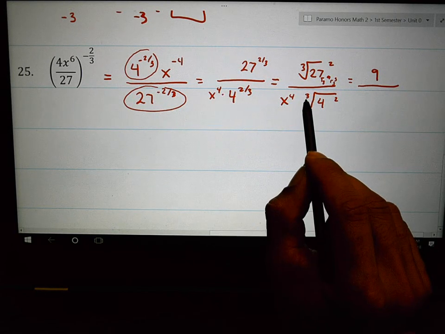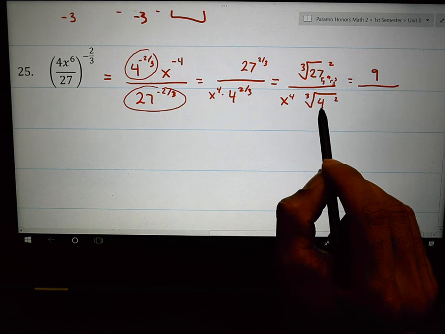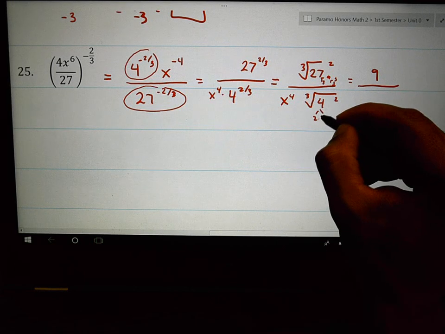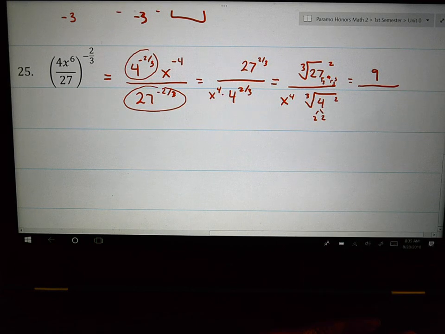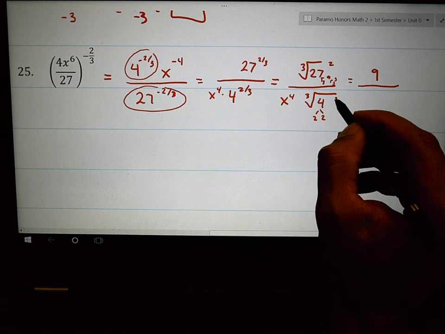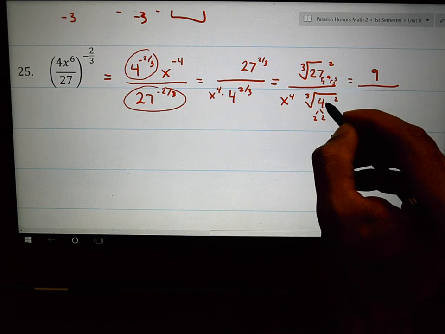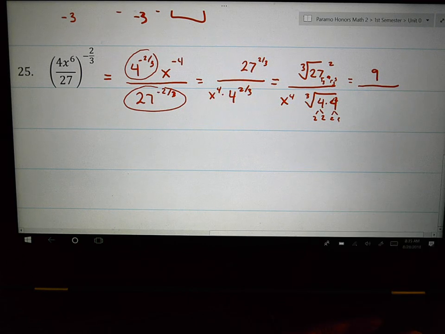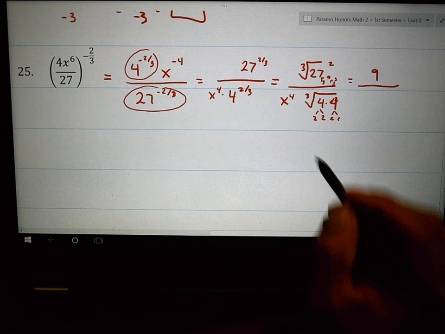Now this one, you have to have 3 of these 4s. Do I have 3 4s? No. But maybe it'd be easier if I had a 2 times 2. I still don't have 3. So then maybe if I square it and I have another 4 times 4, maybe then I would have enough to break out. 3 of them.